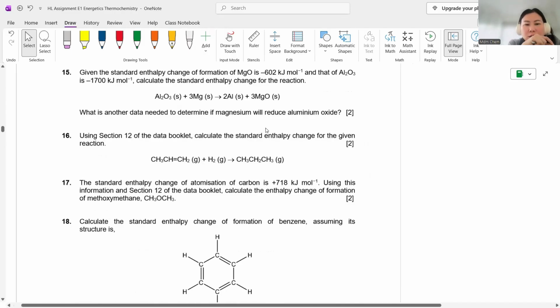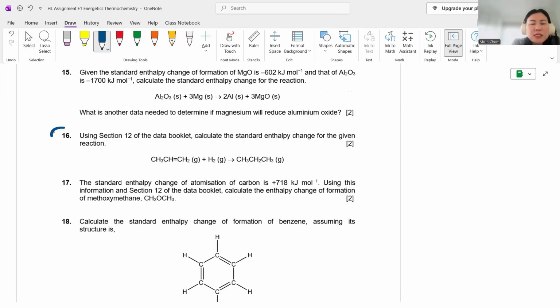So I will go through question 16, which involves the use of bond energy. Question 15, which is a bit different.